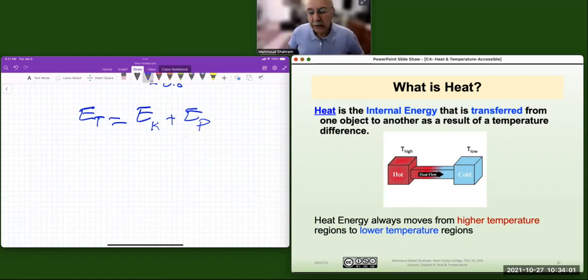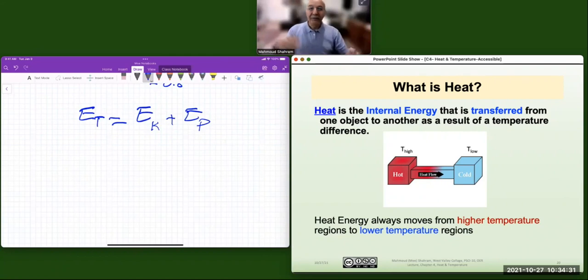There's no case where heat goes from cold to hot naturally. I said naturally. There are ways we can make energy go from cold to hotter, but we have to do something about it. So naturally, when you leave those two objects, one hot, one cold, there is always a flow of heat energy from high to low.